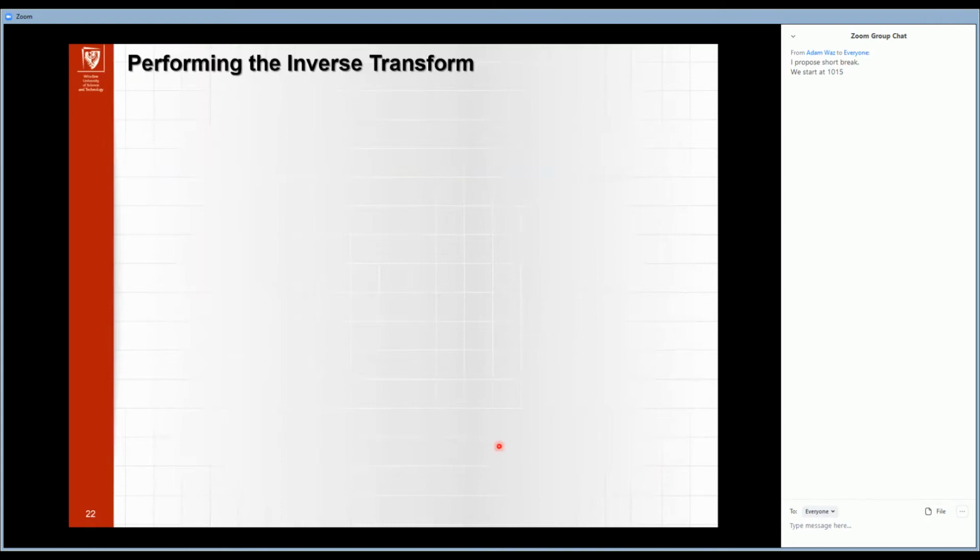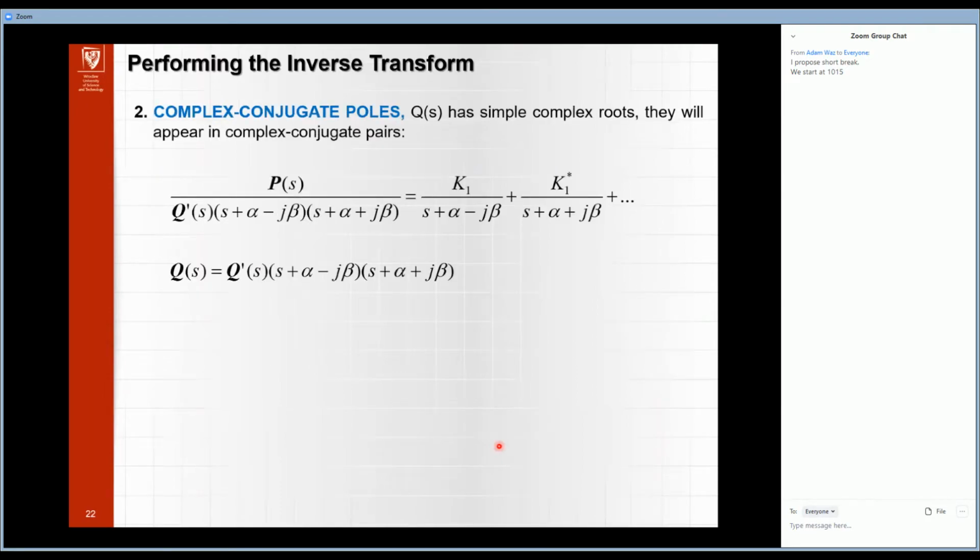Now we can take into account complex conjugate pairs. If Q(s) has a simple complex root, the roots will appear in complex conjugate pairs.